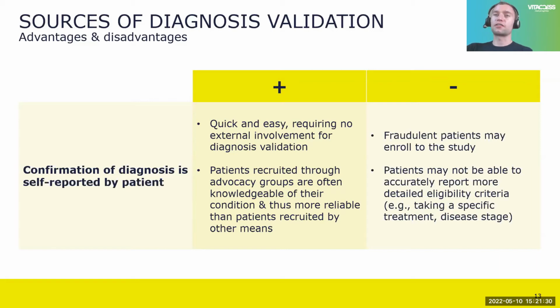Another advantage, linked back to a previous slide where Catherine mentioned the sources of participants for studies, one of those being working closely with patient associations and patient advocacy groups: where we're recruiting through that method, prospective participants would typically be quite knowledgeable of their condition.